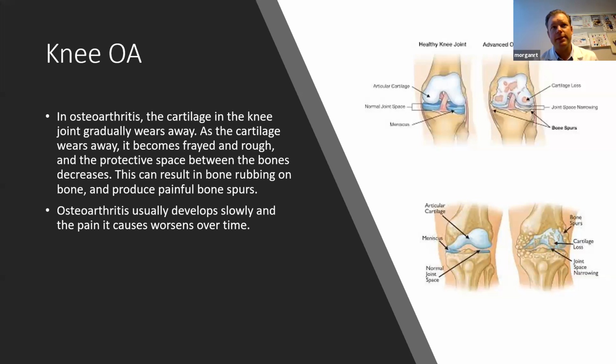And when that happens, it creates a lot of pain and stiffness. The bone rubbing on the bone can be very, very painful. There are lots of little nerve endings in that bone right underneath the cartilage. So it usually develops slowly and can get worse over time.